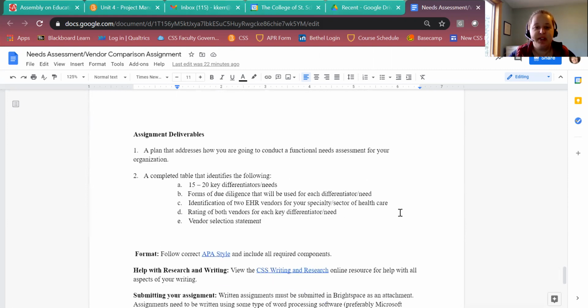All right, so to just kind of recap everything here, your assigned deliverables for this assignment is a plan that addresses how you're going to conduct that functional needs assessment for your organization, and then a completed table that identifies 15 to 20 key differentiators or needs, the forms of due diligence that you will use for each differentiator or need, you identifying 2 EHR vendors for your specialty or sector of healthcare, and then rating of the vendors based off of how they can address the key differentiators, and then a short statement at the end about which vendor you would select.